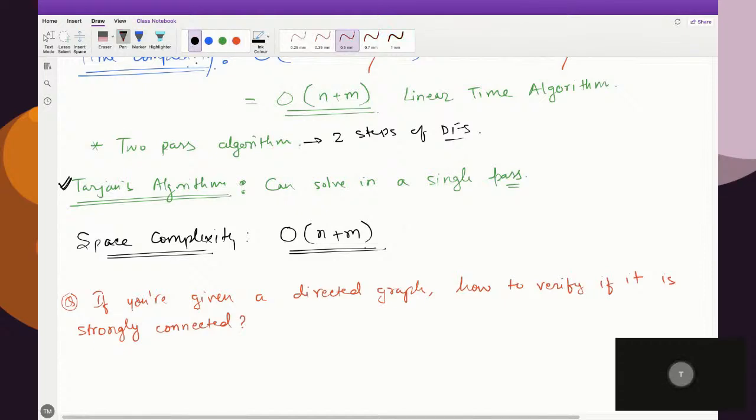We started with this problem and felt that we did not have any good solution. But can you tell me how you can solve this problem now that we have discussed this algorithm? Yes, the compressed graph is a single node. So you basically run the Kosaraju algorithm.